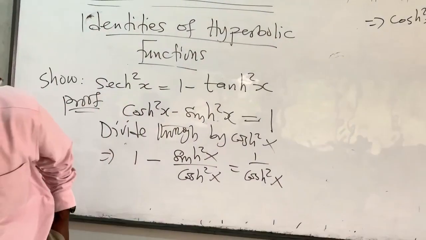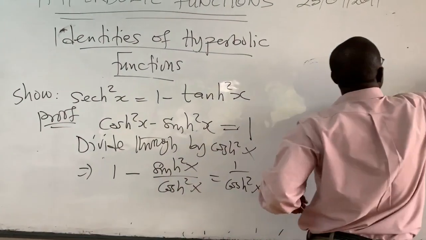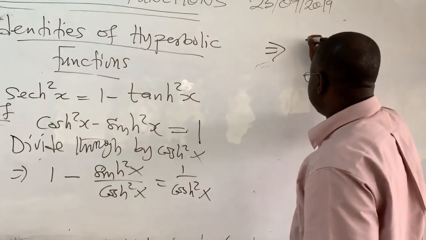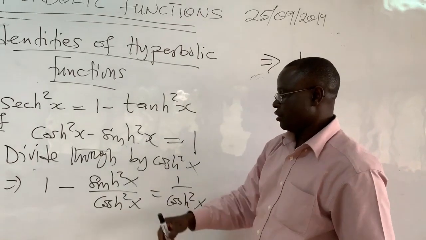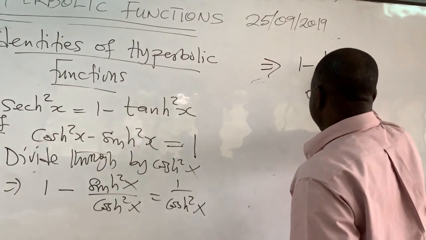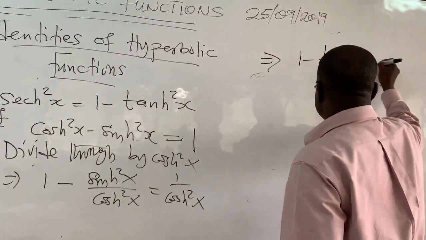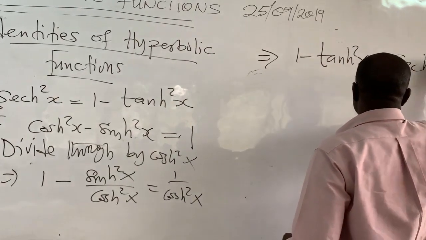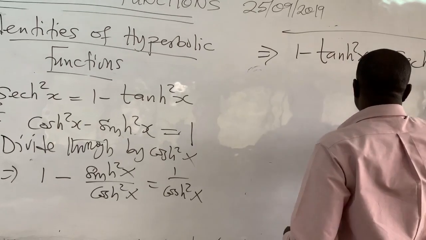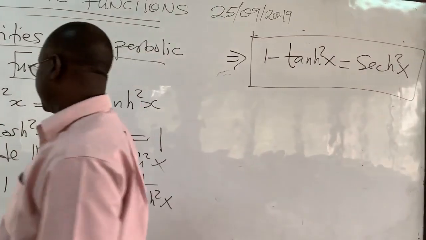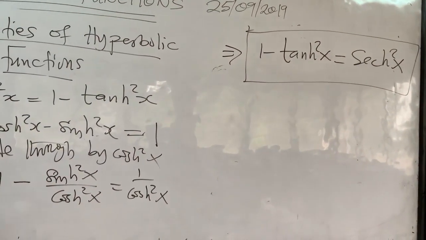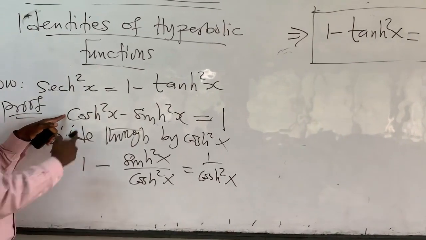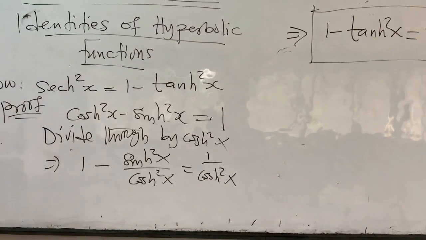This implies that we're going to have 1 minus sinh over cosh, so this is the hyperbolic tangent squared x. And then 1 over cosh is sech, so that is sech squared x, which is the relationship we wanted to prove. So you can often use this to prove several of the other hyperbolic identities using this one.